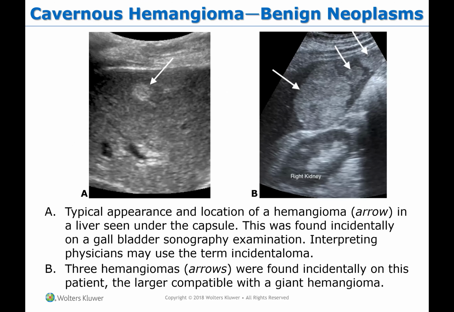These are what they look like, and I see these all the time. They're brighter, more echogenic, circular most of the time, and no vascular flow. So if I put a picture of one of these on your test, you will be able to tell me what you think it might be.